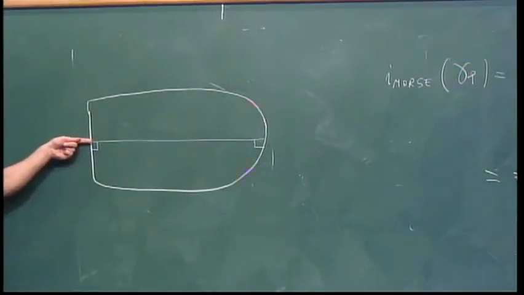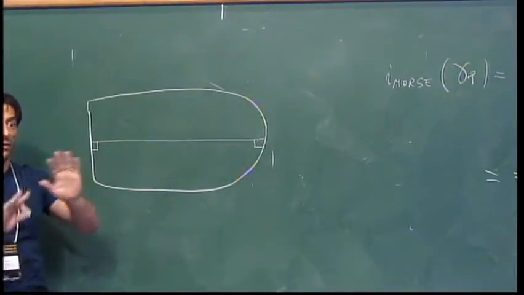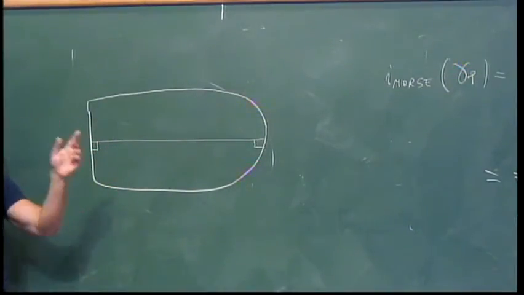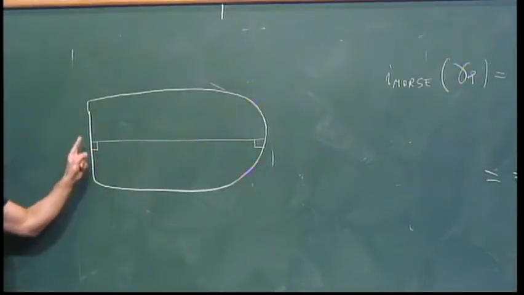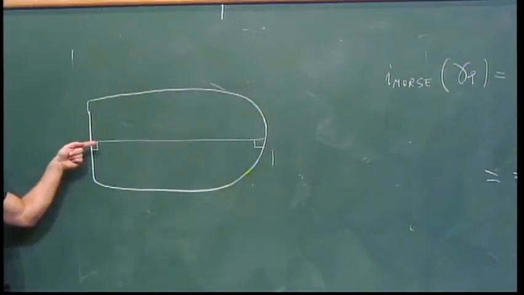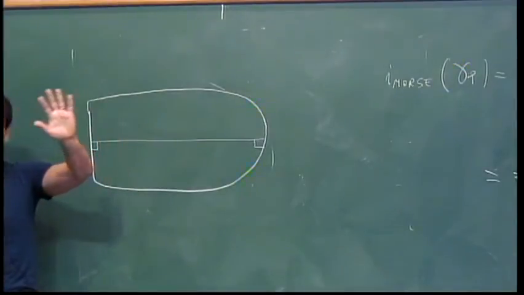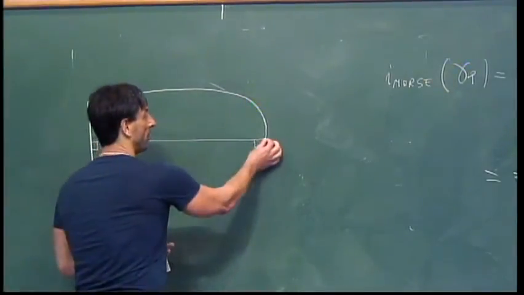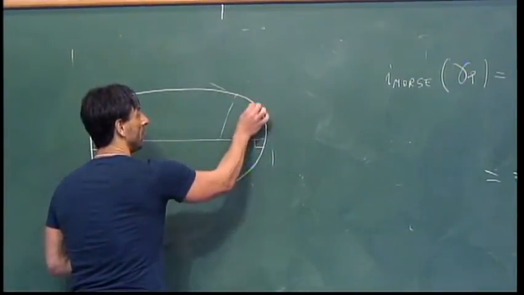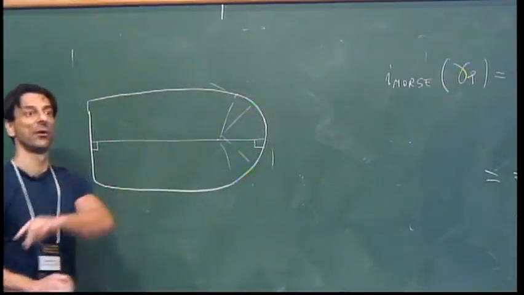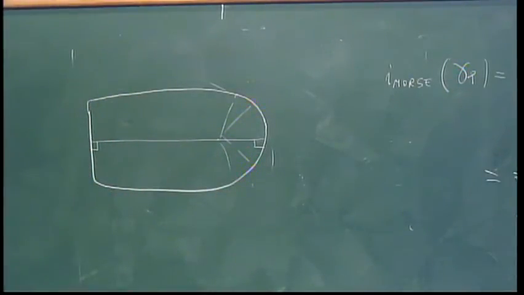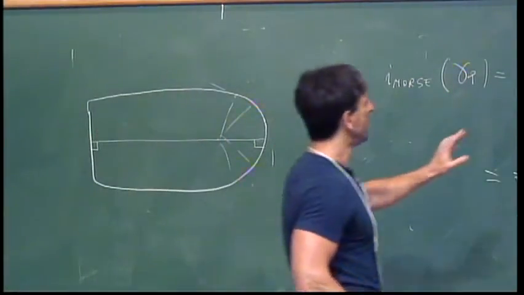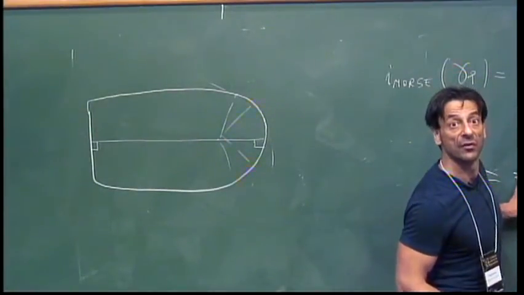If you run this geodesic in this direction, there is no focal point, because this is flat, right? So if you run in this direction, you get no focal points. On the other hand, if you start from here, when you arrive at the center of the circle, you have one focal point, right?